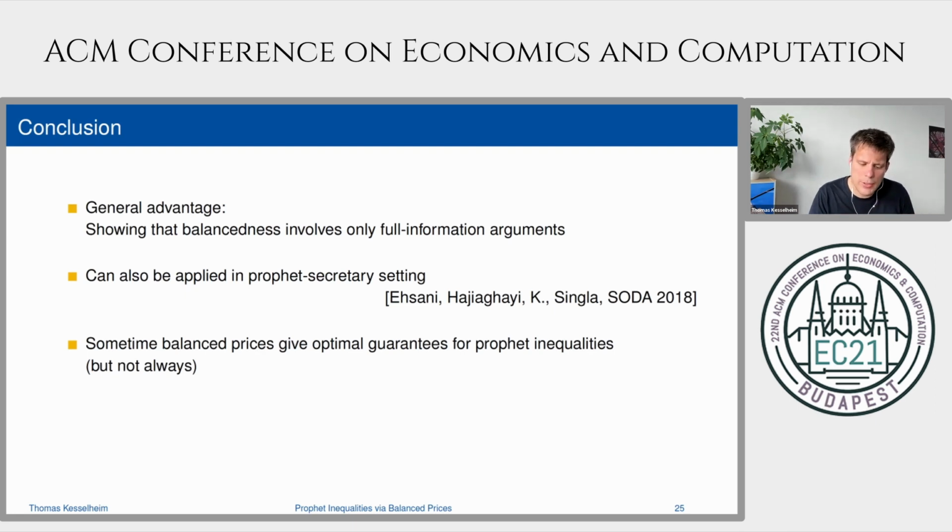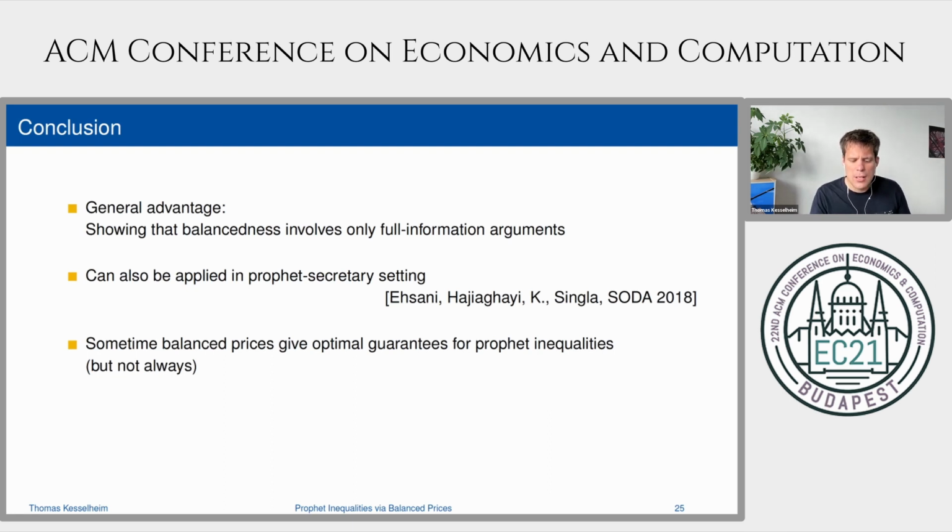There you will use only full information arguments. I hope you recall the slide where we went through a couple of examples of why you had balanced prices for these particular valuation functions. This is the spirit that you'll have to follow in the full information setting for your particular feasibility structure.